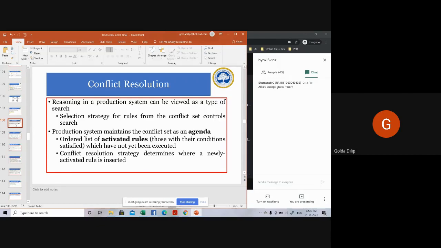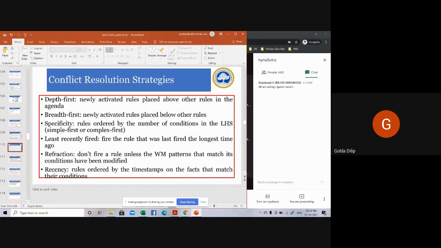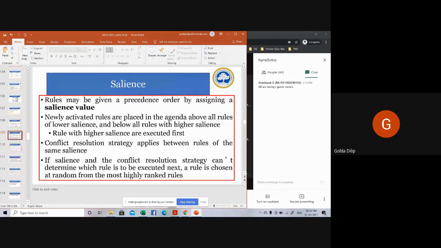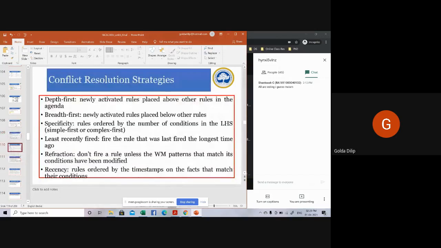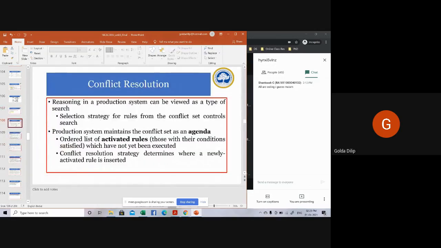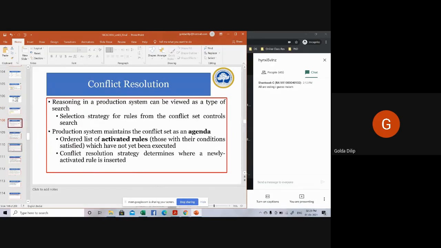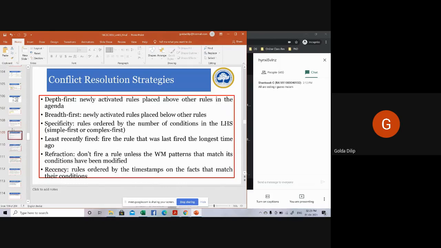So you have what are called conflict resolution strategies. Okay, the slide is repeated twice. These are your conflict resolution strategies.